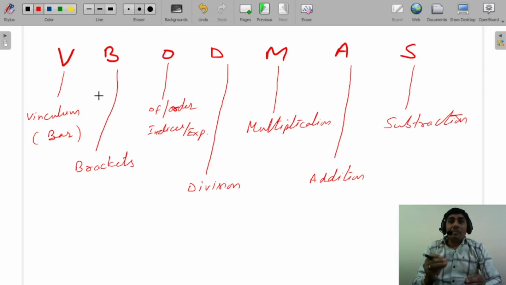That means after the bar we solve brackets, then of, then division, then multiplication, then addition, and then subtraction. We will discuss a numerical based on VBODMAS.